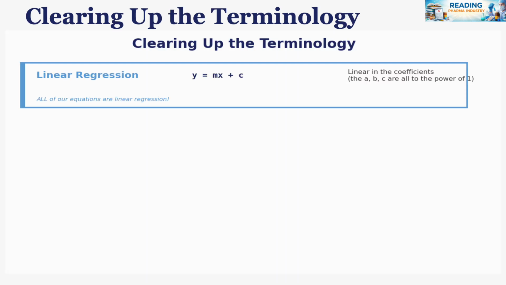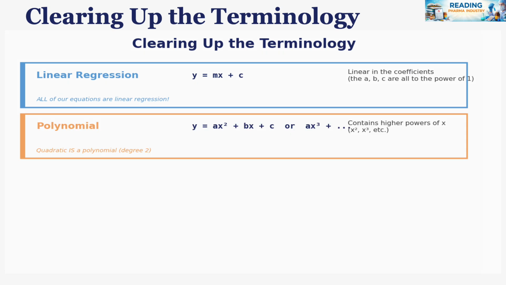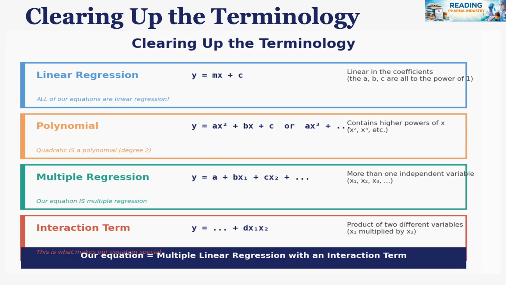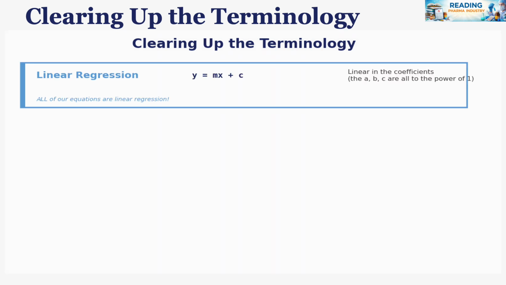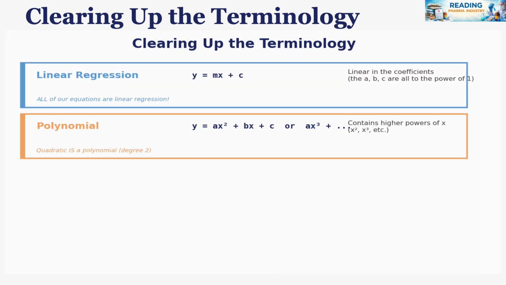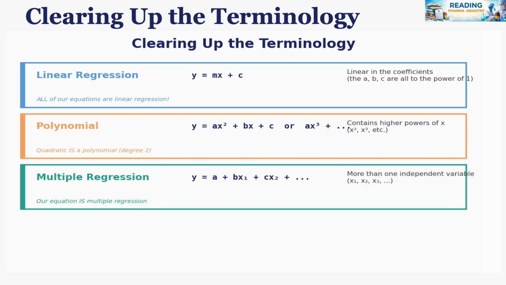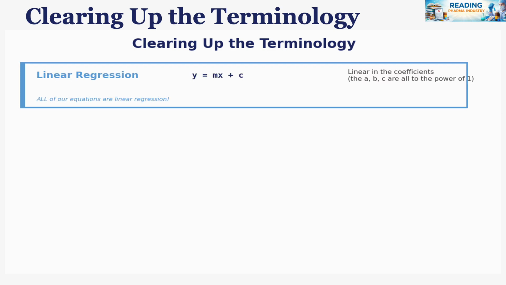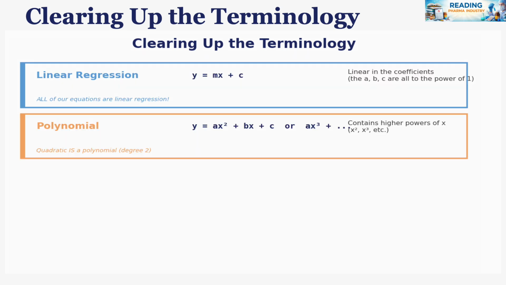Okay, here we clarify the terminology to make it easier for you to understand the difference. So linear regression means linear in the coefficients. So when you see a, b, c, they have all been raised to the power of 1. Our equation is still linear regression, even with the x1 x2 terms.